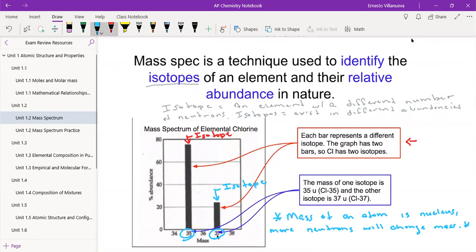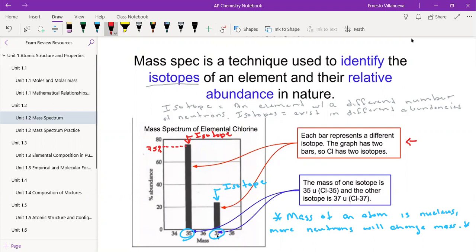Now, the numbers on the side here are the abundance. For example, this one is sitting right around, say, about 75%. So 75% of all the isotopes in chlorine are going to be chlorine 35.